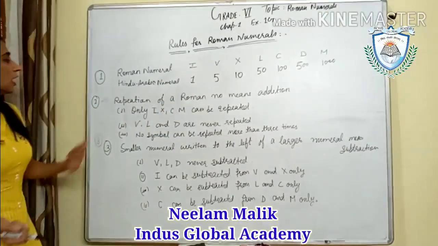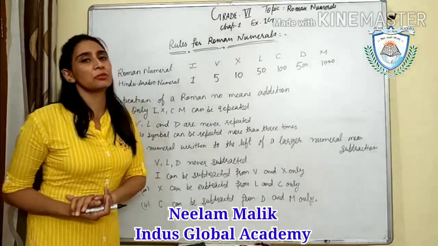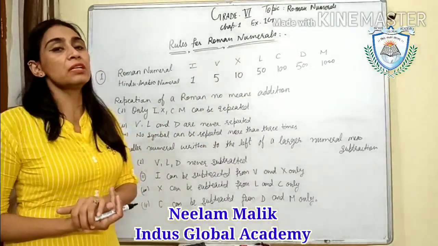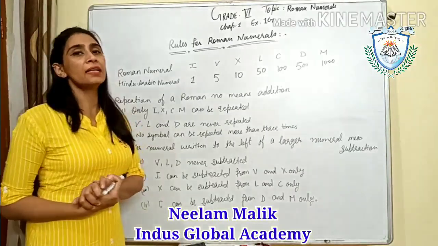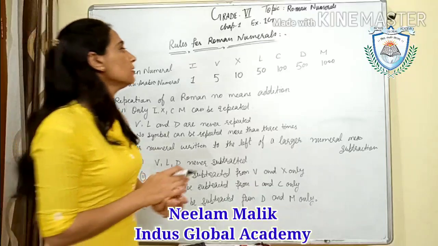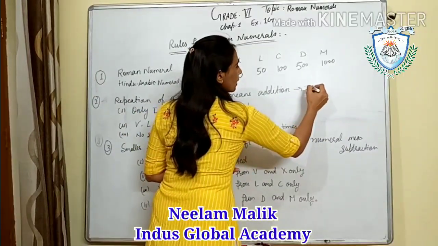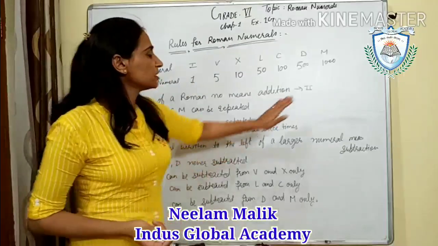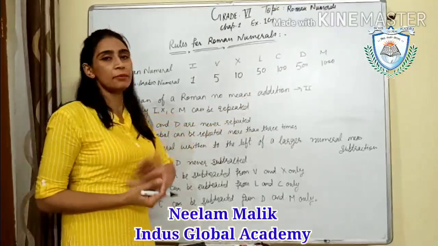After that, repetition of a Roman number means addition. If we repeat any Roman number, that means we are adding the values of that number. Suppose we are using I. We repeat the I, so that means addition.